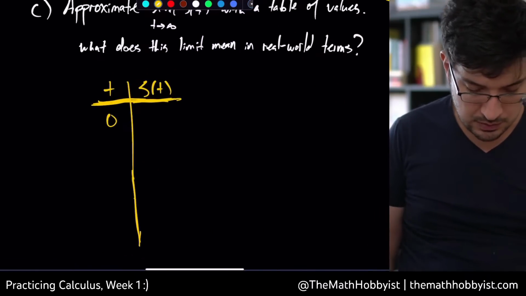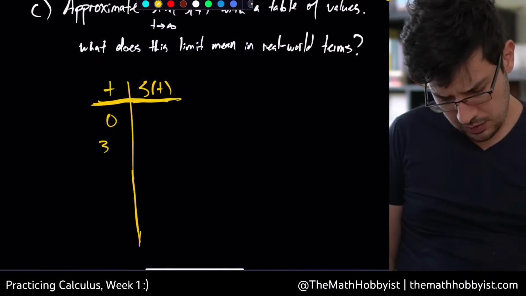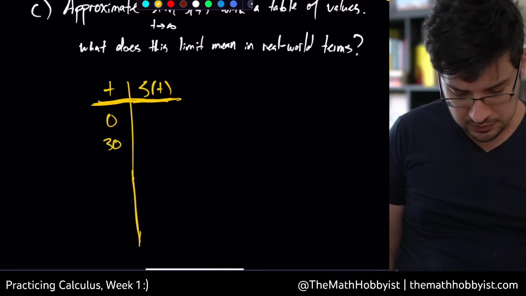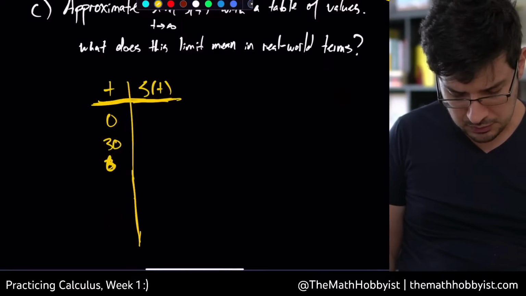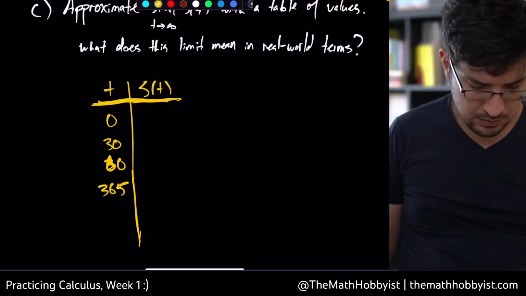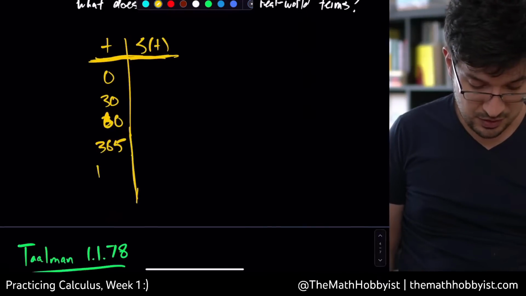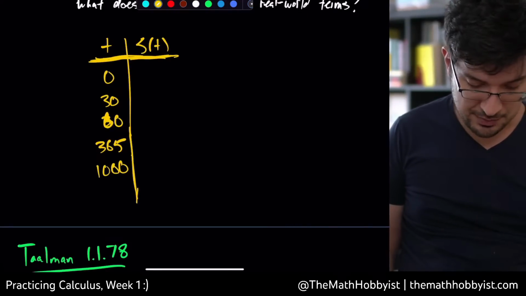How do we want to do this? We've already found these values after 0, 30, 60, 365 days. Maybe let's just keep going. You know what? Let's be lazy. Doesn't matter how many years this is.